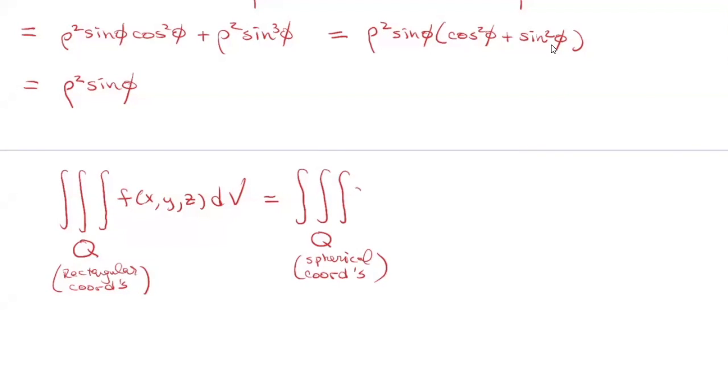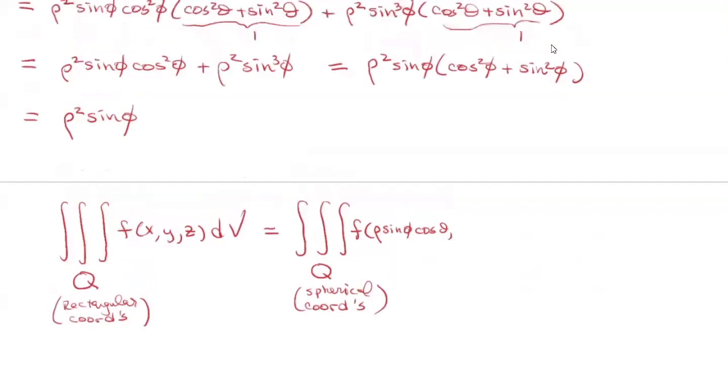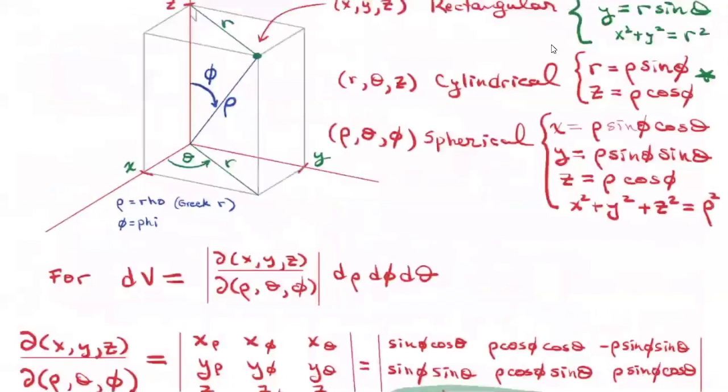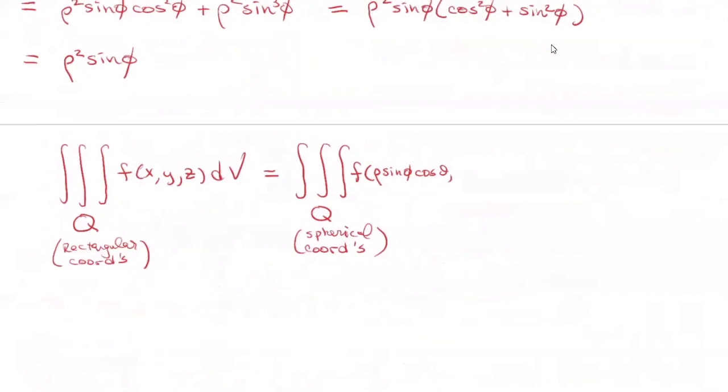So it's really f of whatever x is, which I think is rho sine phi cos theta. Again, I'm just going back to these rules up here for what x, y, and z are in spherical: rho sine phi cos theta for x, rho sine phi sine theta for y, and then z was rho cos phi.